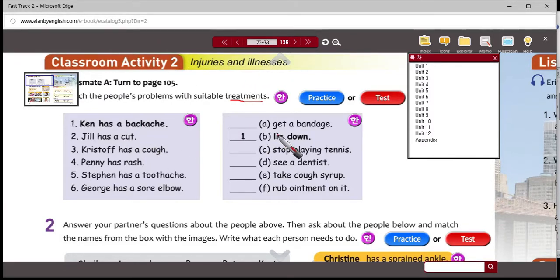So what's a treatment for a backache? Okay, lying down. Okay, so Ken has a backache. The answer is B, lie down. All right, student B, you're going to match these problems with these treatments on page 72. And student A, you'll do the same on page 105.